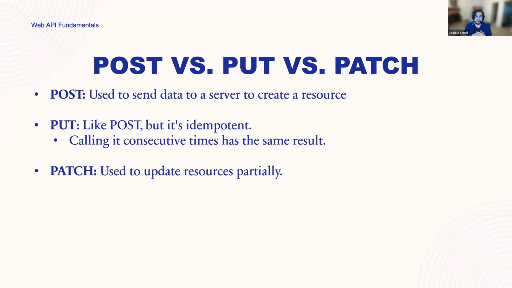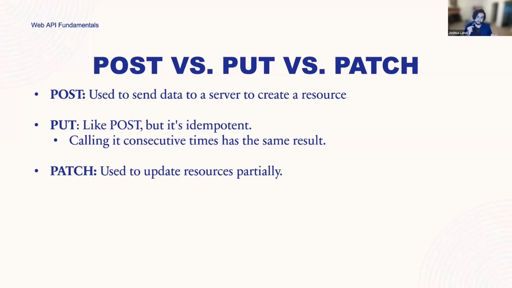So a patch endpoint might be used for that. Instead of having to send your entire profile information to the API every time, you could just specify, for this profile, I want to update just my email, and here's the value that I want to update my email to.